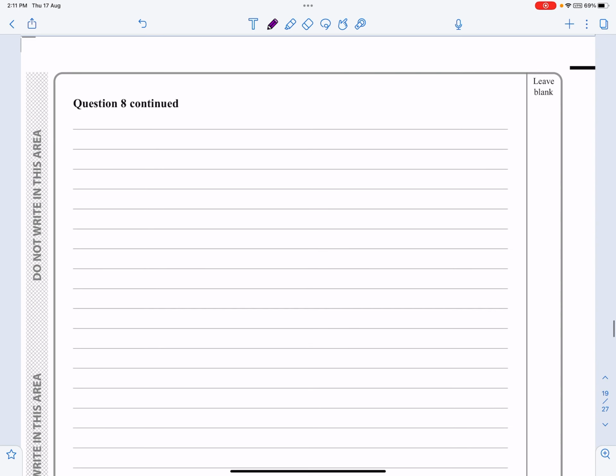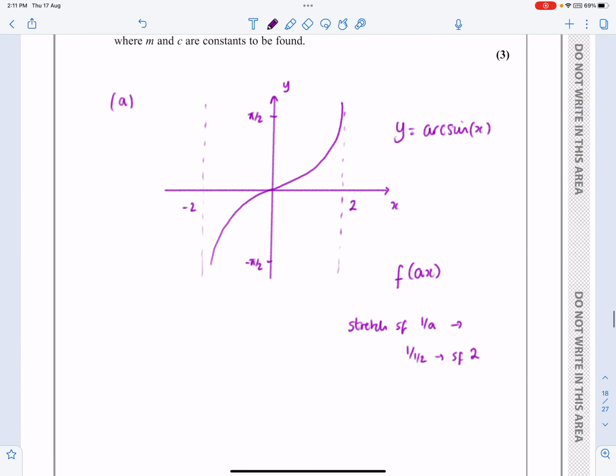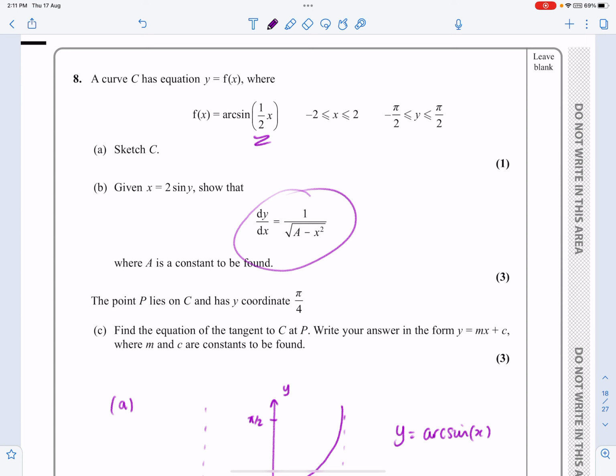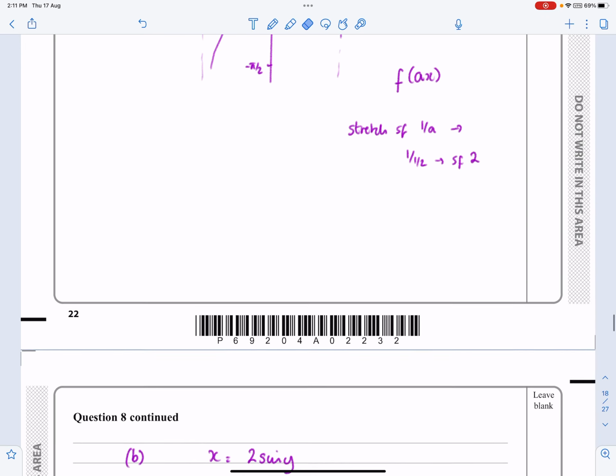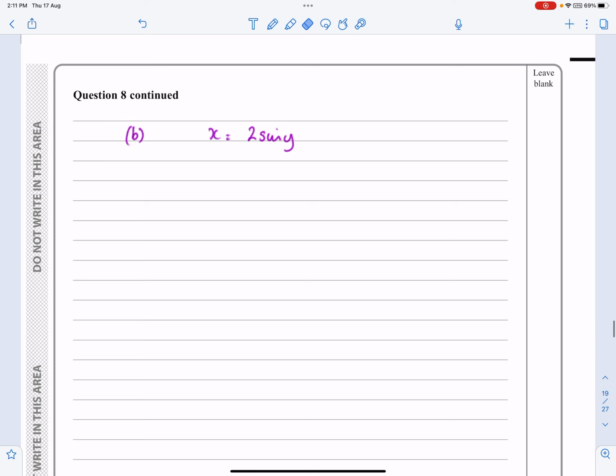Part B then, what we're now saying is that x is equal to 2 sine y, and can we show that dy by dx is going to be equal to this thing? Again, this is really a matter of experience and doing some of these questions. I know what I've got to do here, and I know it's going to take me quite a while to get to the final answer.